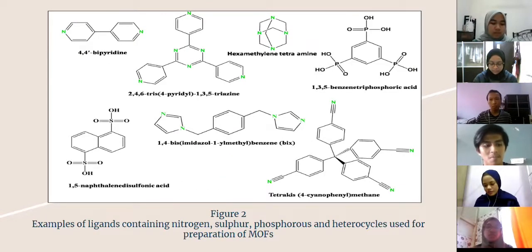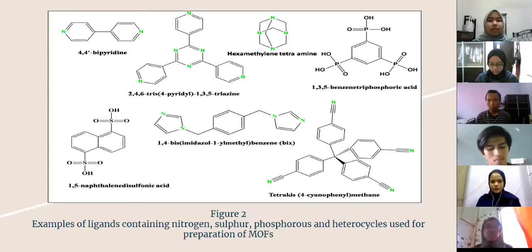This figure shows some ligands that can be used, like those containing nitrogen, sulfur, phosphorus, and heterocycles, for the preparation of metal organic frameworks.